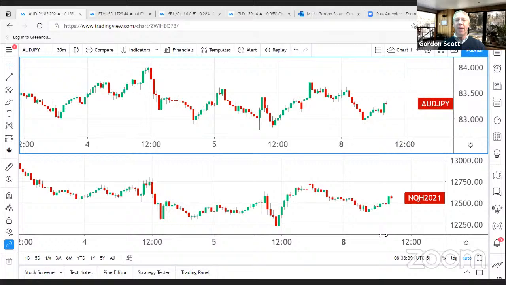But it's creating a pattern which we've seen before, and so I'll be telling you how to do that. But that's a kind of long-term pattern.